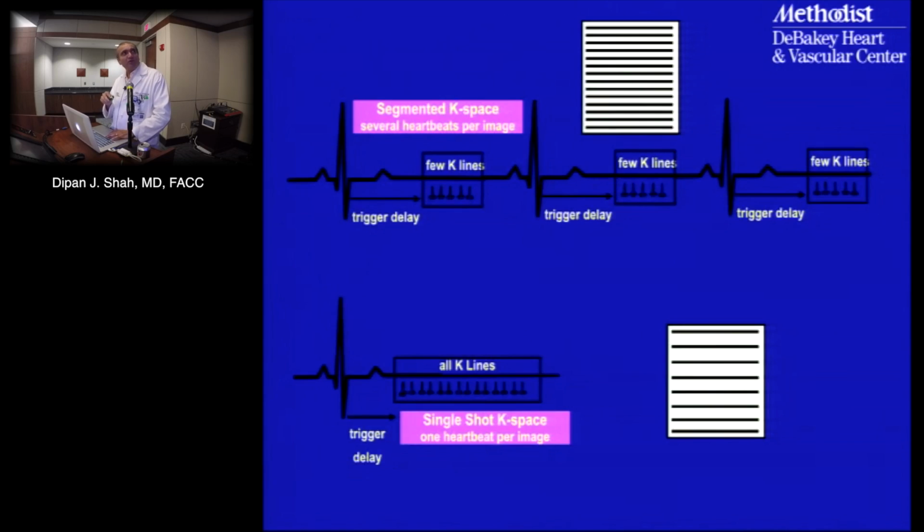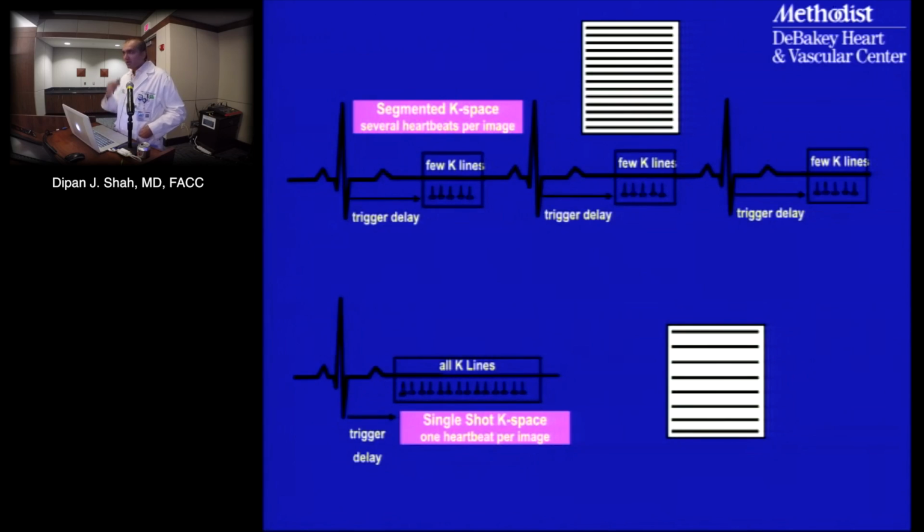Now, one way you can try to eliminate this issue is to use a single-shot acquisition strategy, where instead of trying to obtain a high-resolution image with a lot of lines of data, I compromise on image quality and get a lower resolution image, but do it in such a way that I can get all these lines of data within one heartbeat. That's one of the things we can resort to in patients who can't hold their breath or who have a lot of arrhythmias.